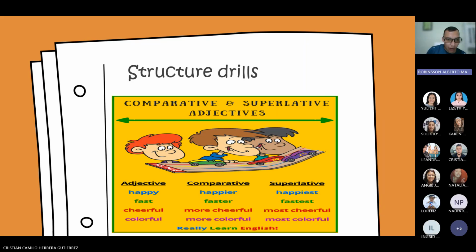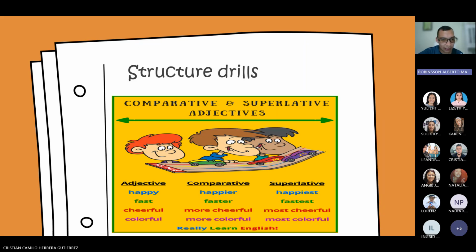Here we have different adjectives and the comparative and superlative forms. For happy, the comparative form is happier. Repeat, happier. Happier. And the superlative form is happiest.